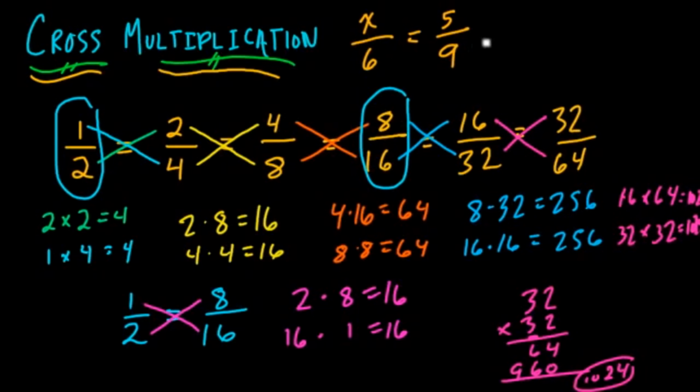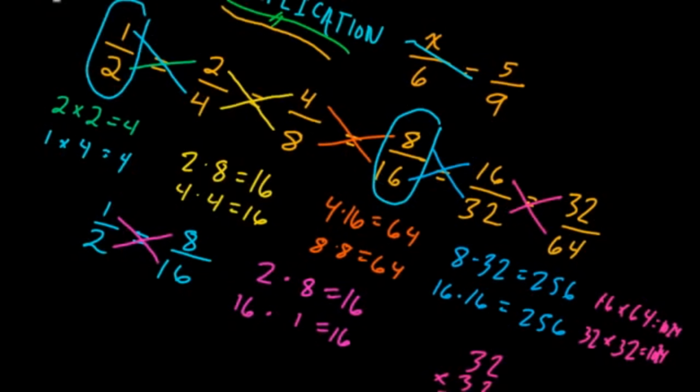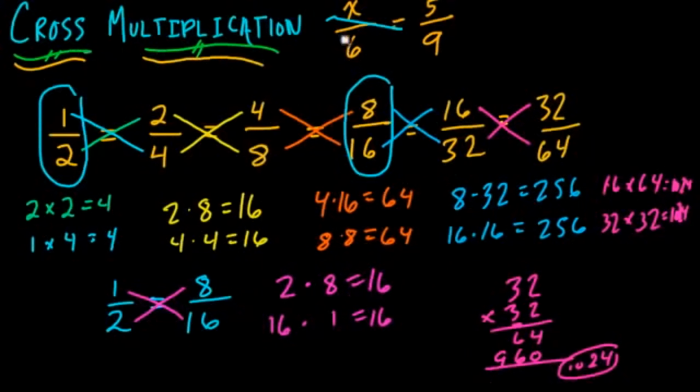What's going to happen here? To solve for x, we could realize immediately that we have two fractions that are equal. So what we can do is say that this product will equal this product. So 9 times x will be the same as 6 times 5. And now we have a simple equation to work with and solve.